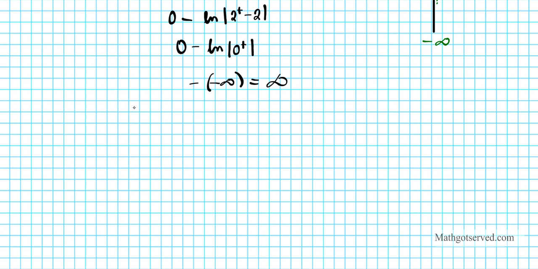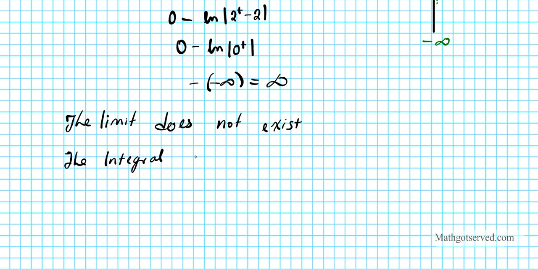So what does this tell me? Well, it tells me that the limit does not exist. The limit does not exist. What does that mean? That means the integral diverges.